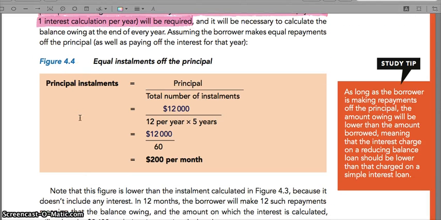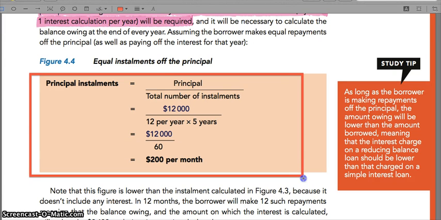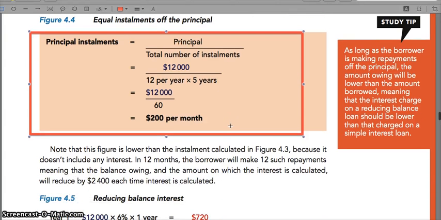If we're assuming that they take equal installments, this is how we work out the amount that we're paying off per installment: the principal divided by the total number of installments. Obviously 5 years, paying monthly, so it works out to be $200 per month.